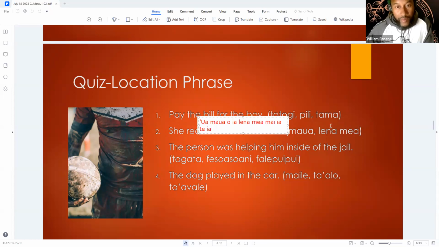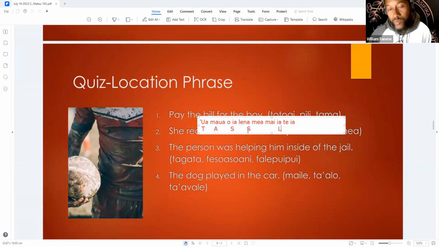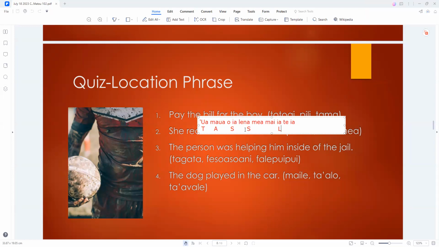Now we have our tense, action, subject. Lenamea, all of that together, is another subject. Our location is maya te ia. Now we have two subjects here. What would we be missing? The e. And where does the e go?